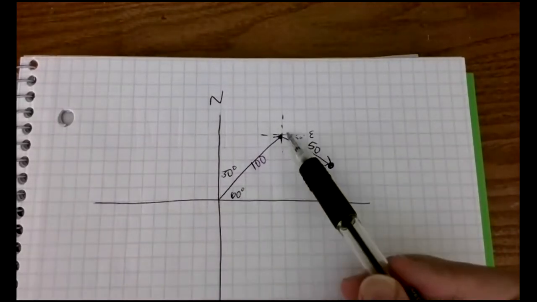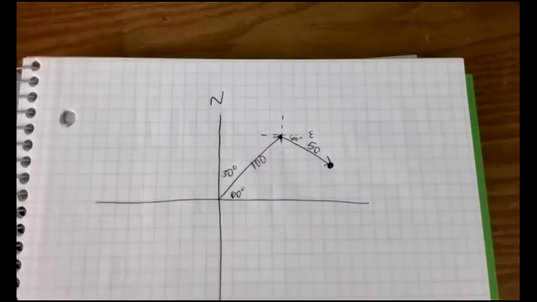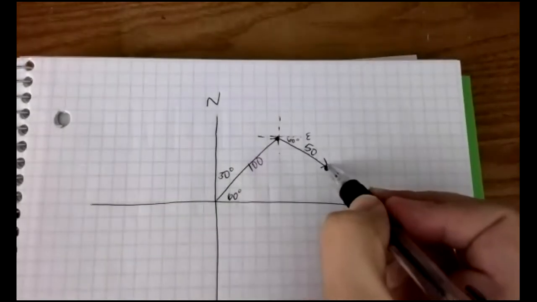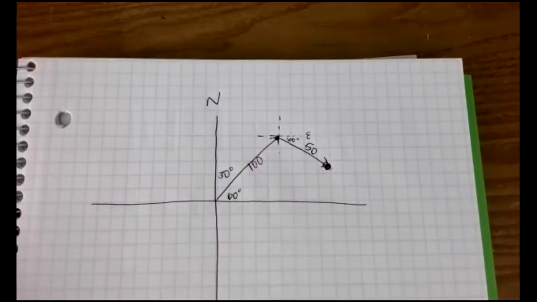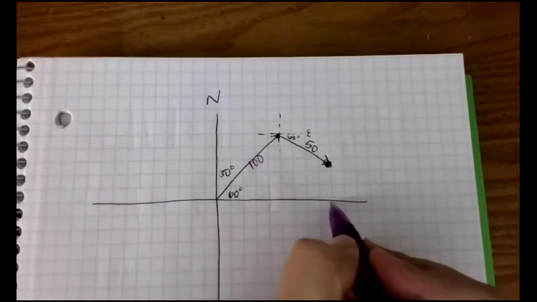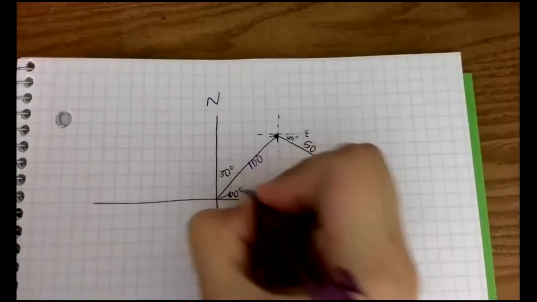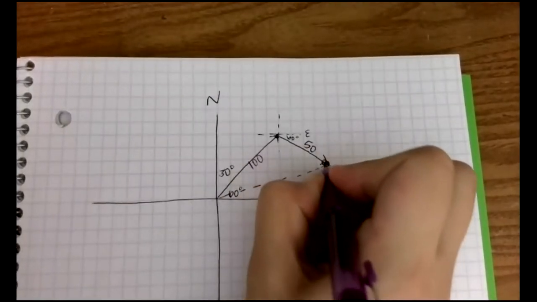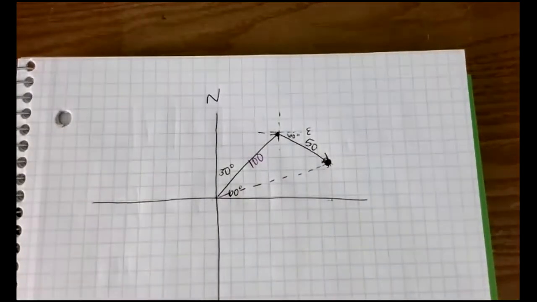We don't know if this is actually 30 degrees, or if this is actually 100 versus 50, but wherever these two vectors ended, that's what they're looking for. Technically they're looking for the resultant vector. We're going to have the x and the y, the horizontal and vertical components, to get there. As you've seen in the picture, the resultant vector is just from where you started, 0, 0, to where you ended.